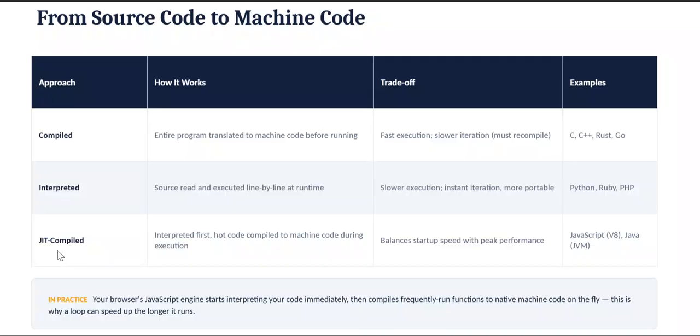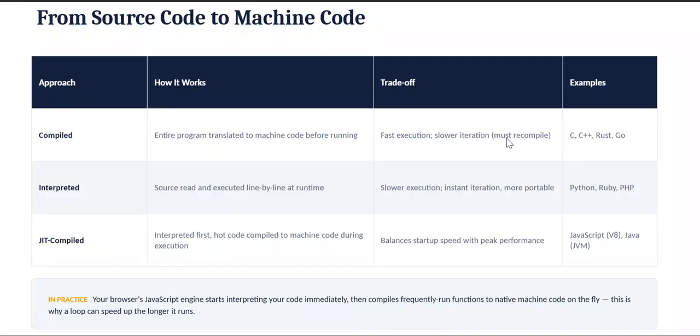Now, for the compiled approach, how it works: the entire program is translated to machine code before running. So the entire program is translated into machine code before it is run, before it is being executed, right? So the trade-off here, why this must be like a con, is that it has faster execution but slower iteration. It must recompile, right?